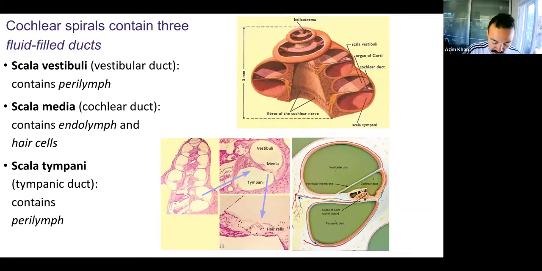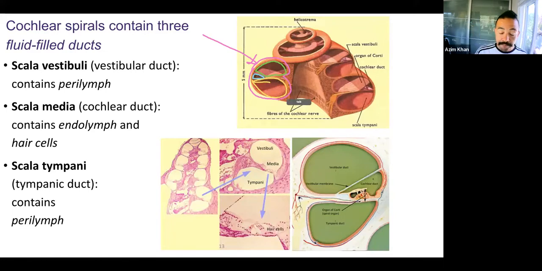What you'll notice, if we just take a look at this one part right here, is that there are 3 different compartments. There's this one here, which I'm tracing in green. There's this smaller one here that I'm tracing in blue. And then there's this large one here that I'm tracing in yellow.